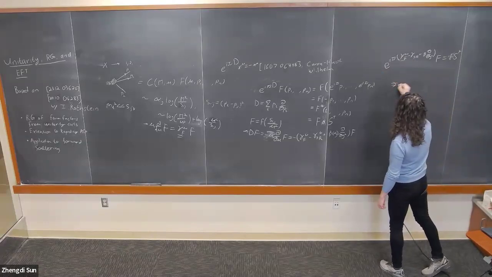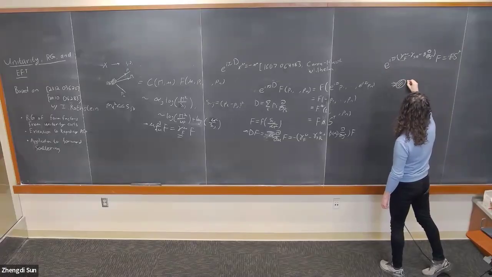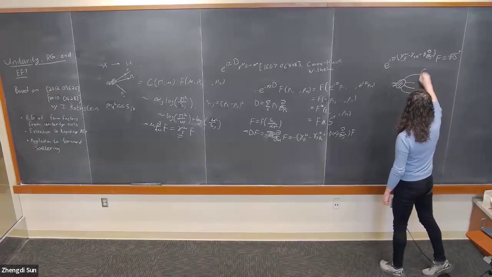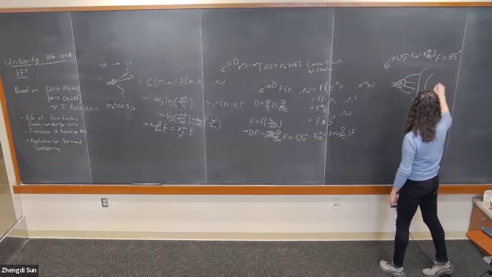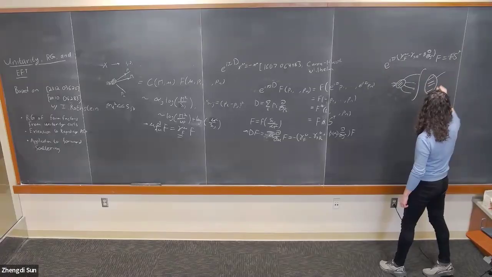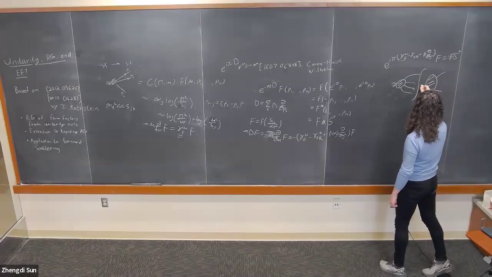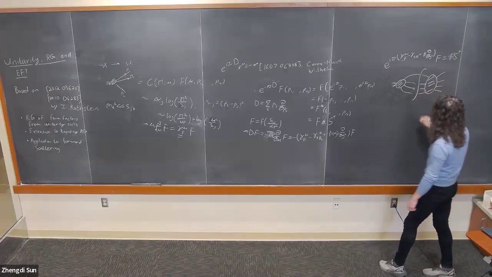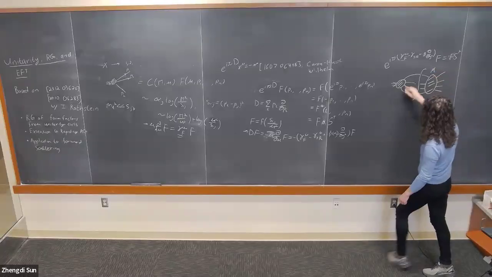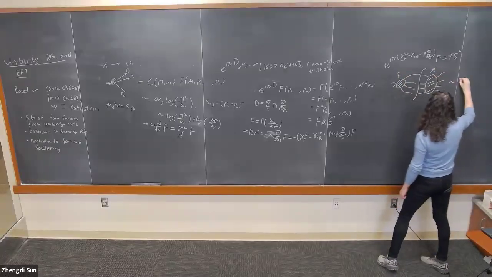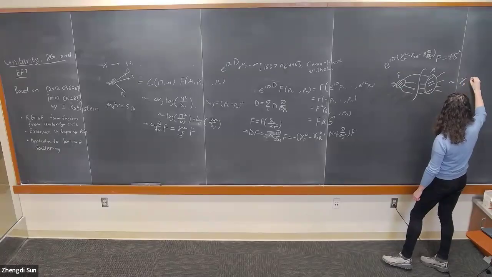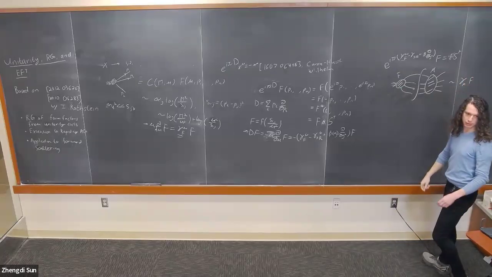Diagrammatically, we have a scattering amplitude, and this is our form factor, and this goes like our anomalous dimension times our form factor.